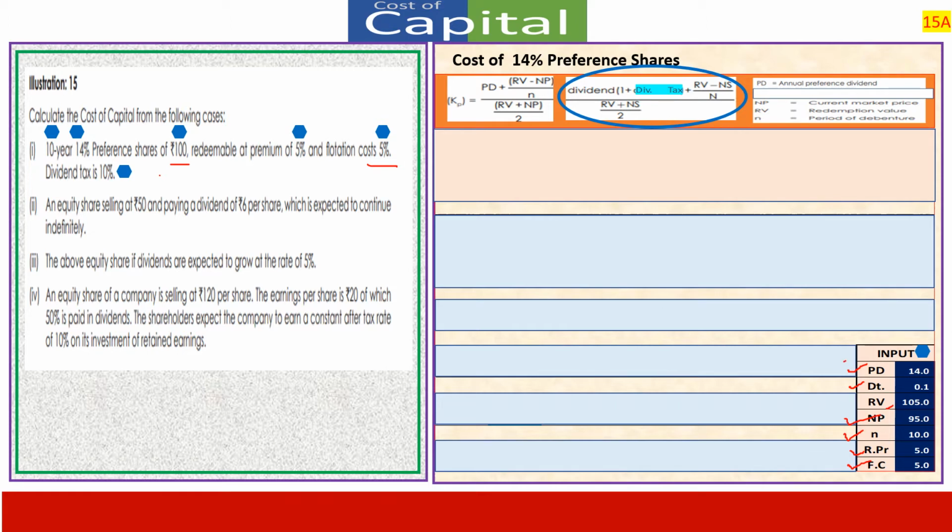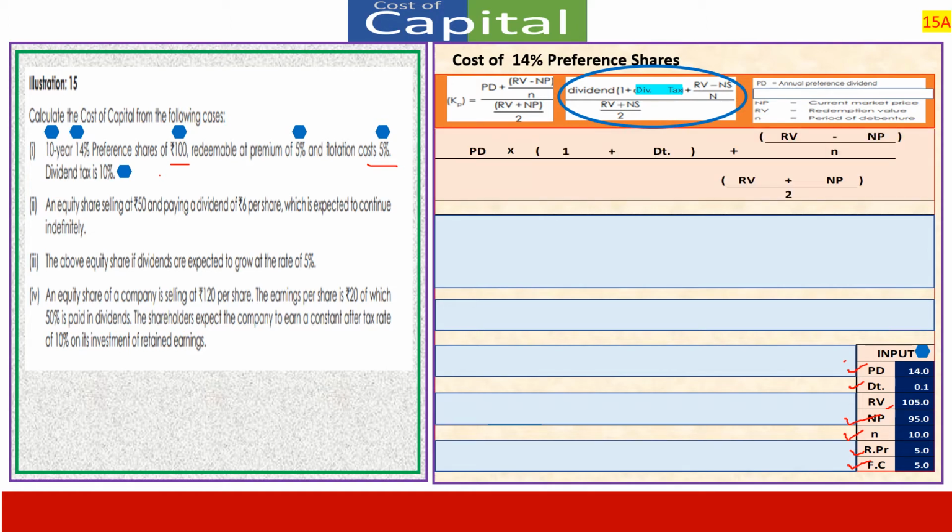With these inputs, we need to proceed to calculate the cost of capital in respect of 14% preference shares. The formula is preference dividend into 1 plus dividend tax plus redemption value minus net proceeds divided by duration n, and divided by the whole product divided by redemption value plus net proceeds divided by 2 for average funds deployed.